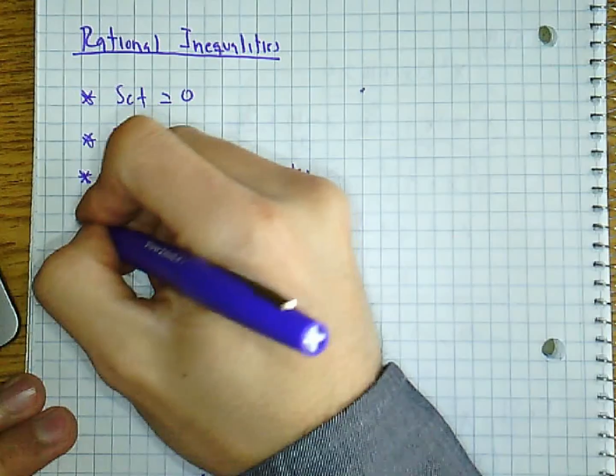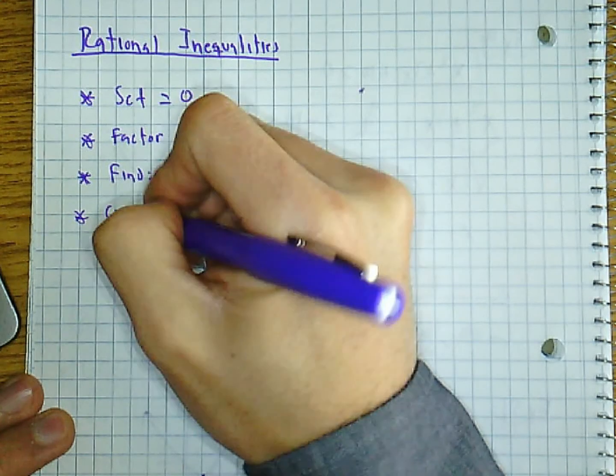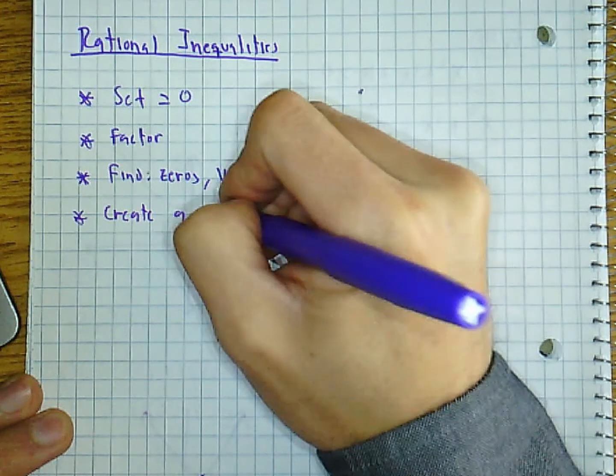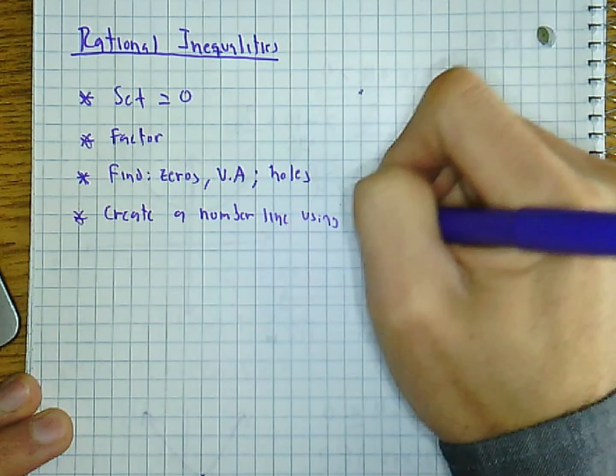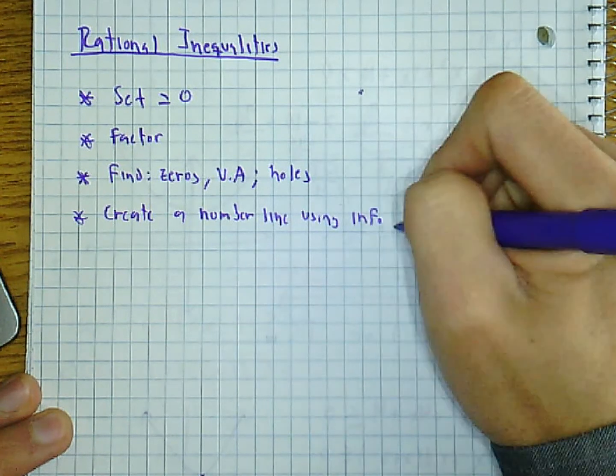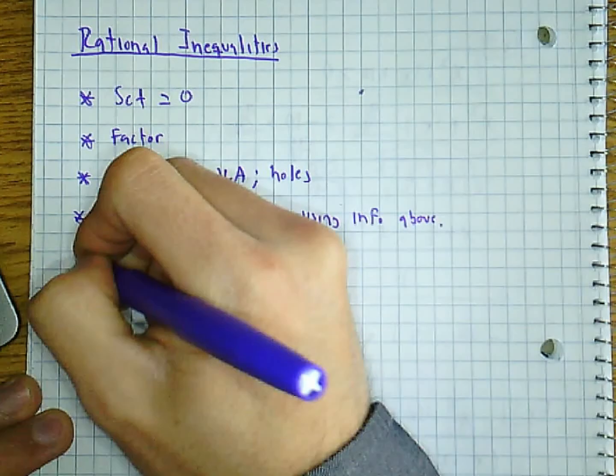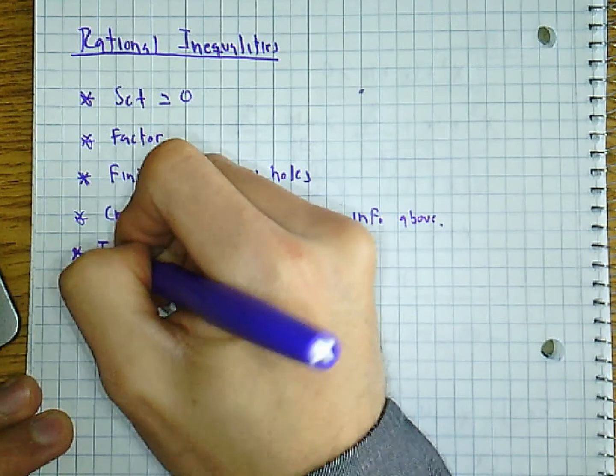Then you're going to create a number line using the information above. You're going to test values, and then you're going to interpret results.